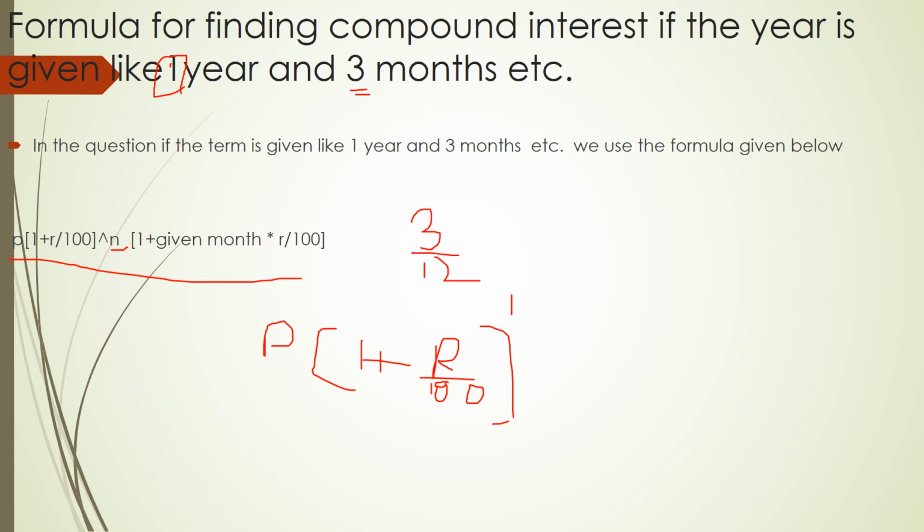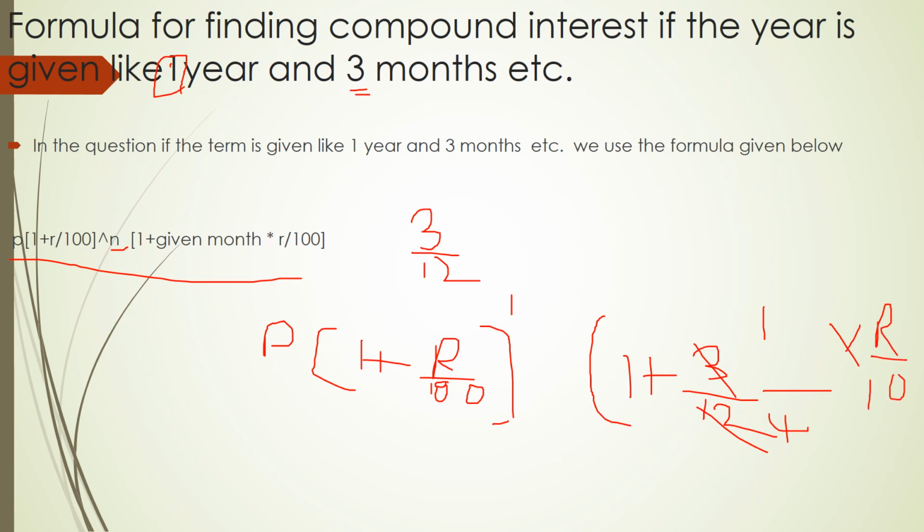And for the 3 months, use 1 plus 3 by 12, which on cancelling will give you 1 by 4 into R by 100. So this is how we can find the compound interest if the time is given like 1 year and 3 months.